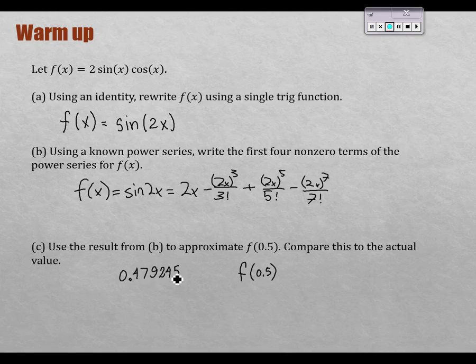Did I write all those down right? 0.479245, is that what you said? Okay. That's not what other people are getting? 0.841, is someone agreeing with that? Yeah. 0.841 what? Okay, keep going, because they're both the same.